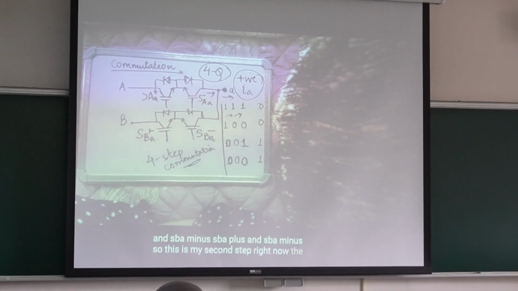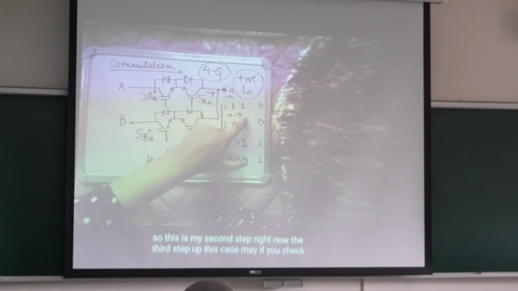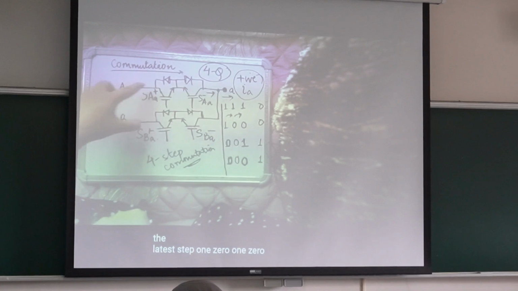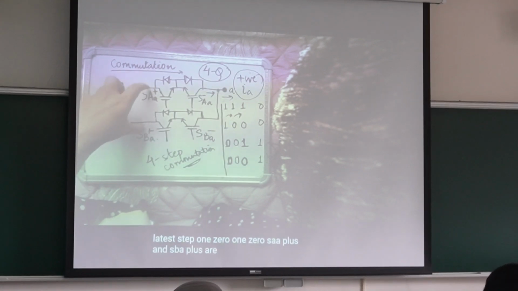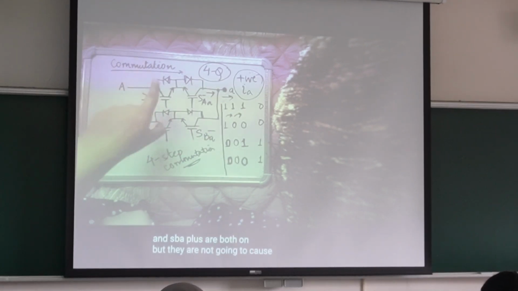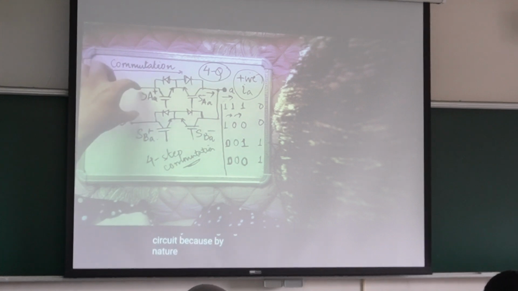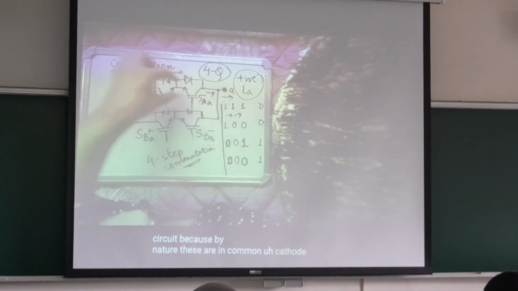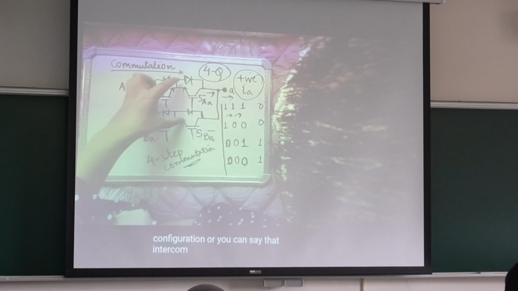Now the third step. In this case, if you check the latest state, 1010, SAA plus and SBA plus are both on. But both of them are turned off, so they don't cause a short circuit. Because by nature, these are in common cathode configuration, or you can say they share the common current point.